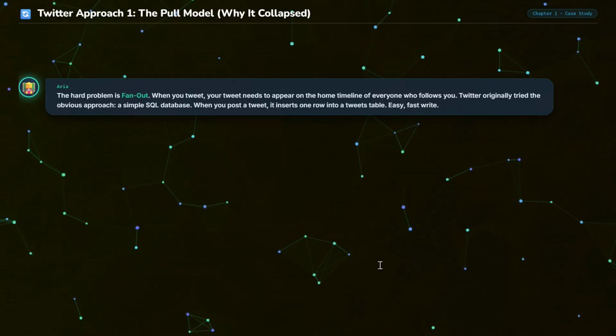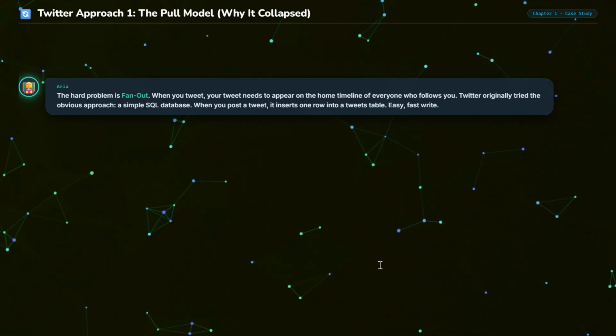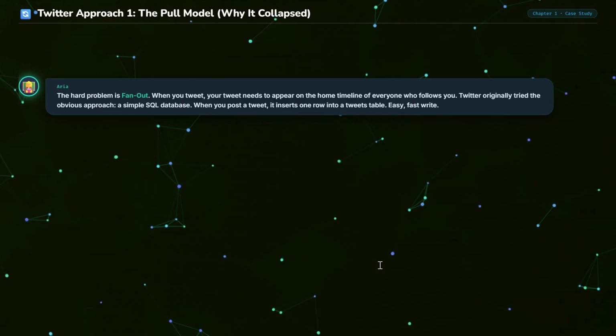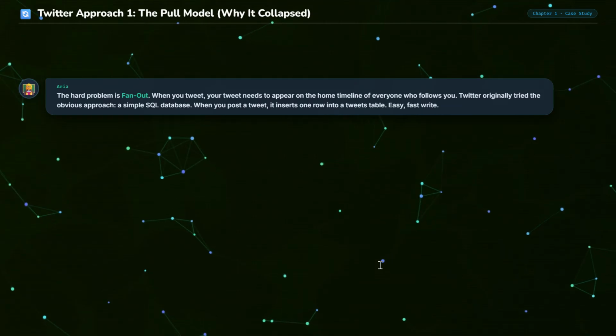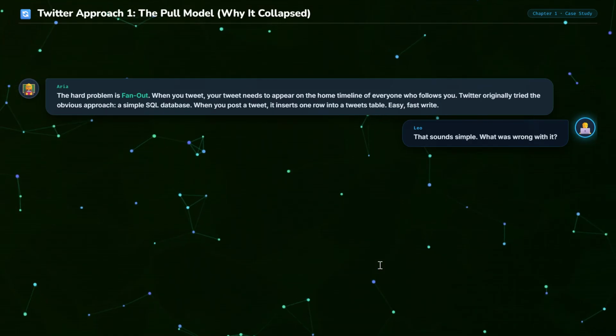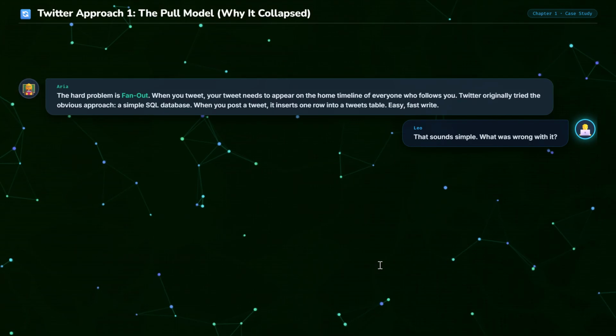When you post a tweet, the system inserts a single row into a tweets table. Dead simple. Very fast, right? That sounds perfectly reasonable. A simple insert. What went wrong?